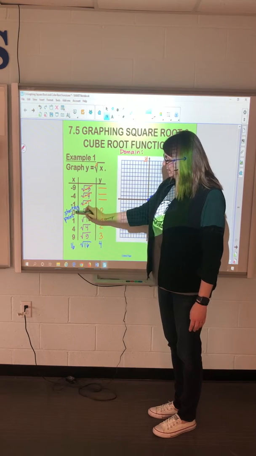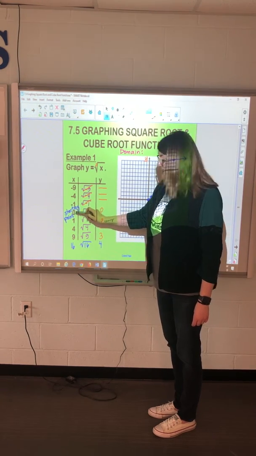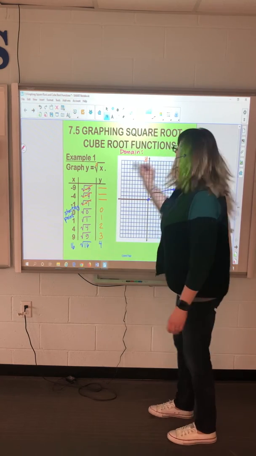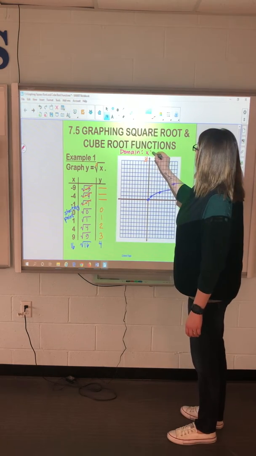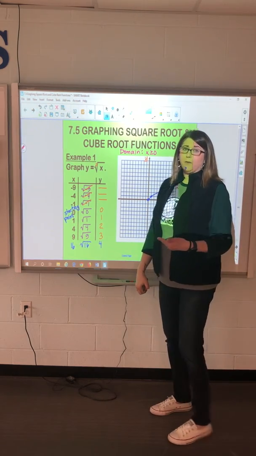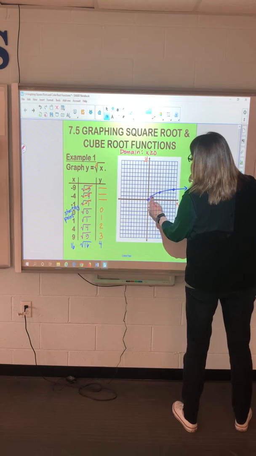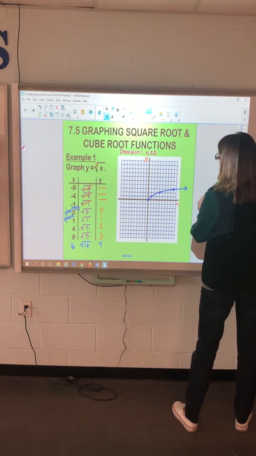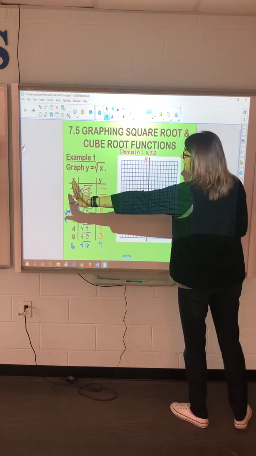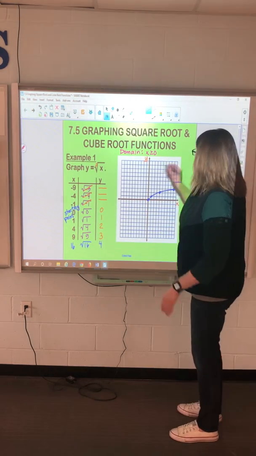So in other words, x in this problem was allowed to be 0 or any number bigger than 0. So my domain is x is greater than or equal to 0. And if you look at the graph, we can see that because our x values start at 0 and then our x values get bigger. There's nothing on this side of the graph at all. So it started at 0 and then our x values get bigger.